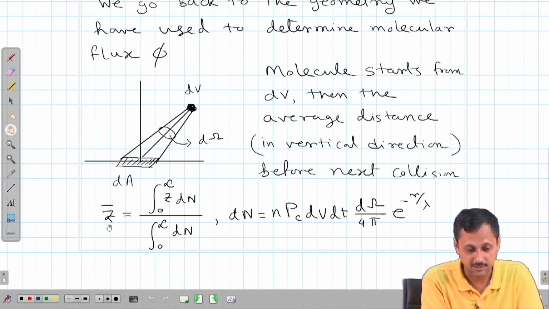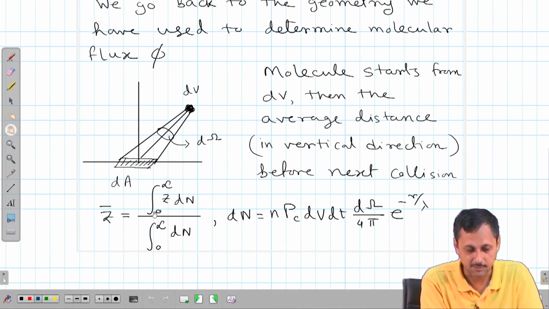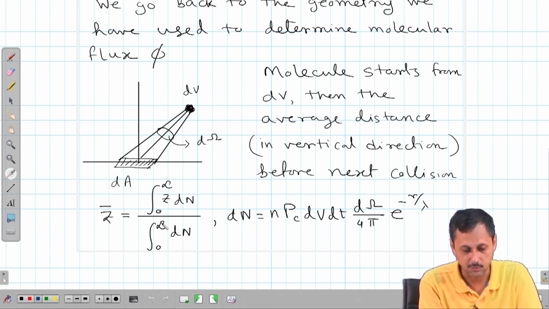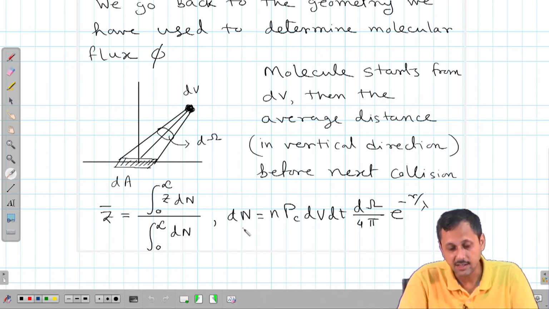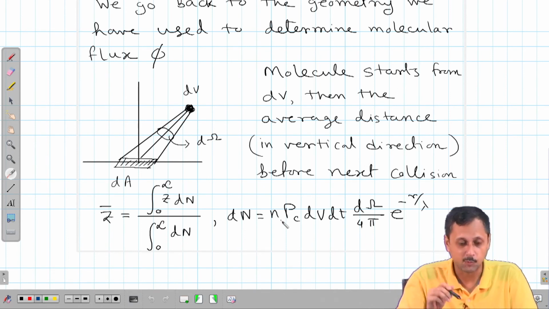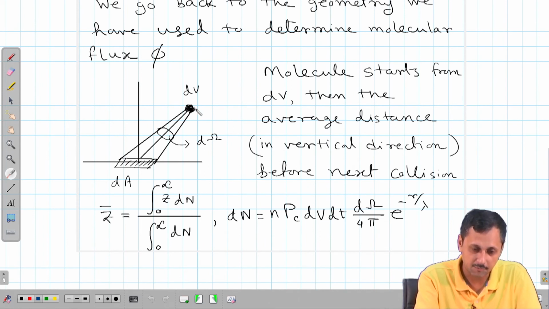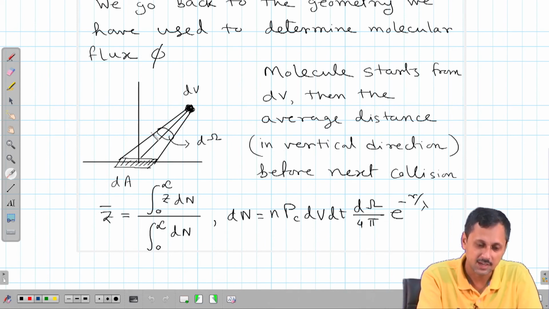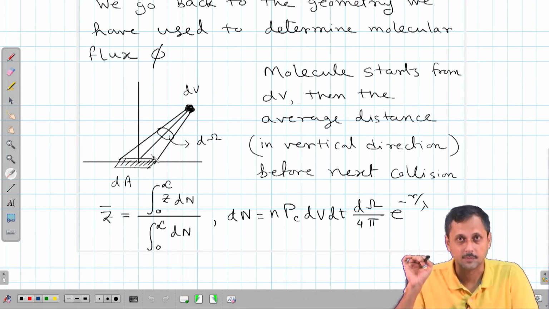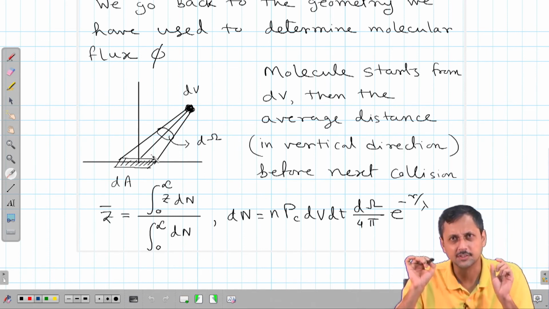So, our average distance z bar is given by integration 0 to infinity z dn divided by integration 0 to infinity dn, where dn is that number of molecules that will start from this elemental volume dV and end up on this elemental surface area dA.